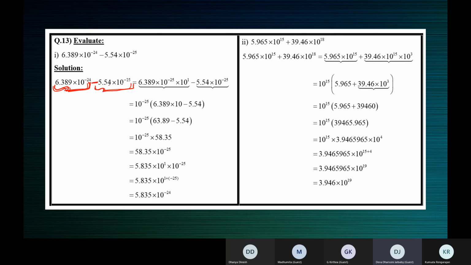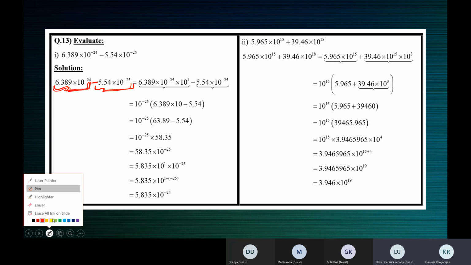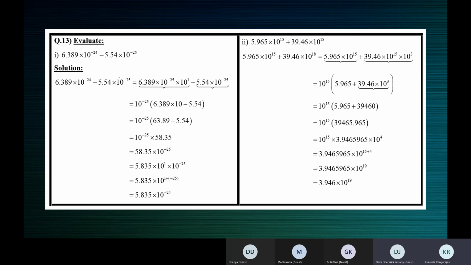Yes, ma'am. Okay. Now, what is the rule? How do we start the evaluation process? What is the procedure? See, the two powers are minus 24 and minus 25.